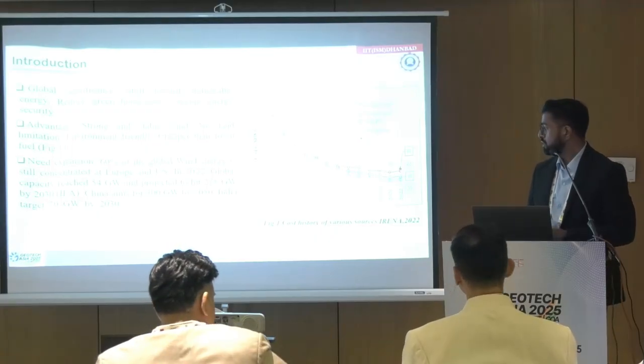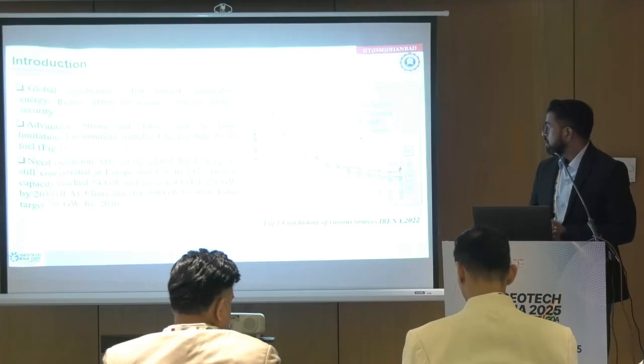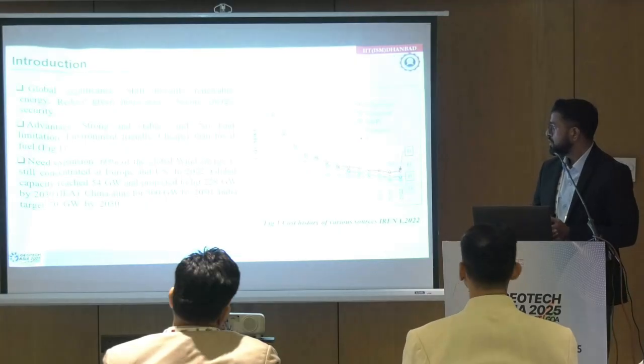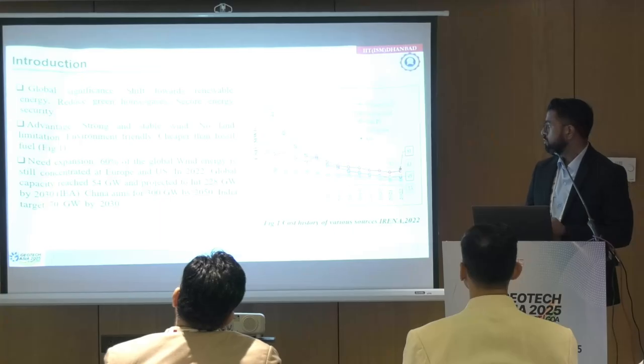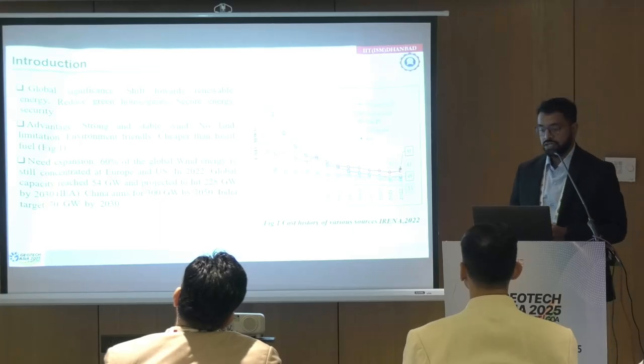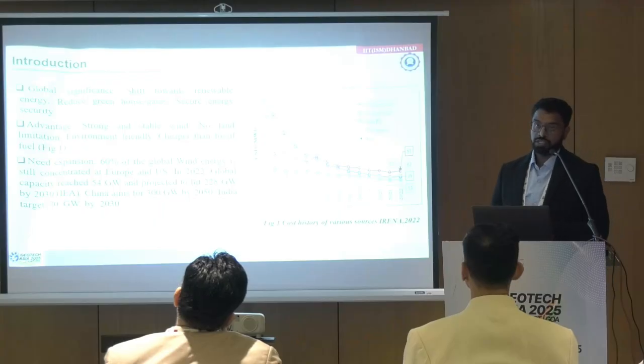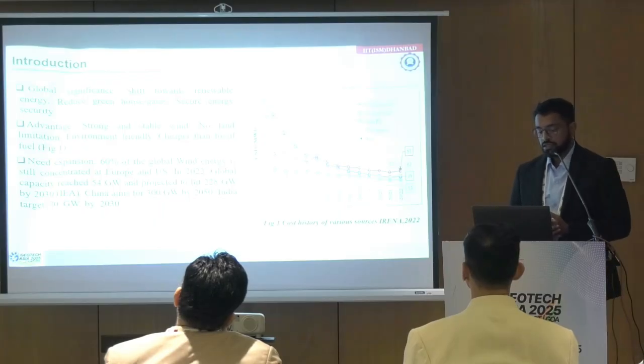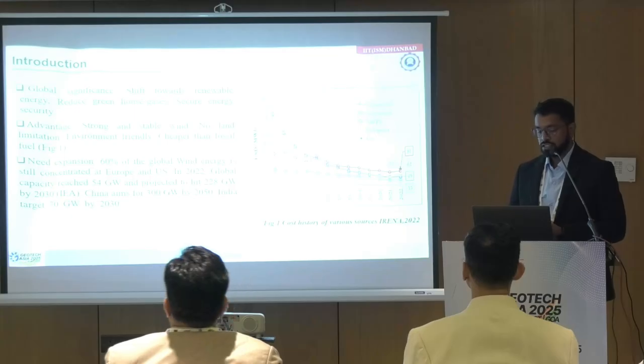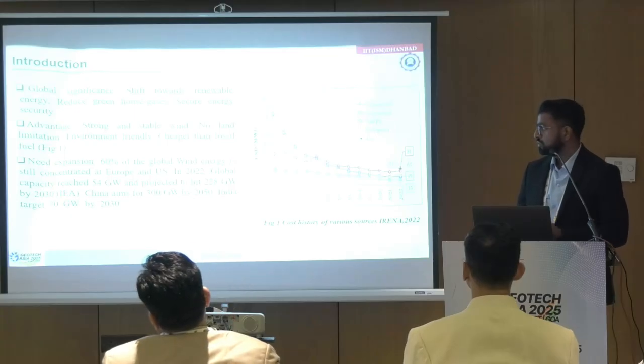As you can see from the chart, fossil fuels require $93 per megawatt hour, while offshore wind turbines require only $81 per megawatt hour. Why do we need expansion? Offshore wind turbines are concentrated in Europe and the US, about 60%.